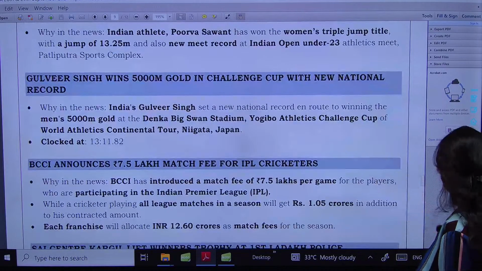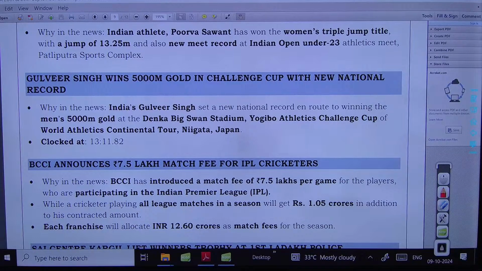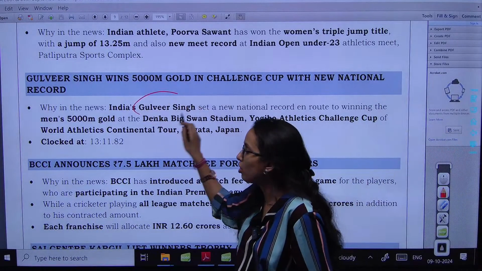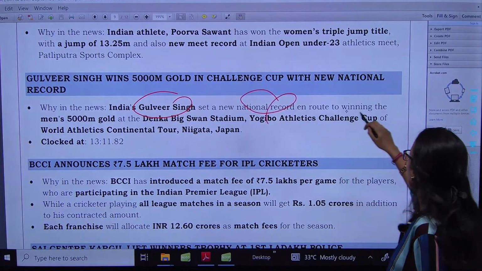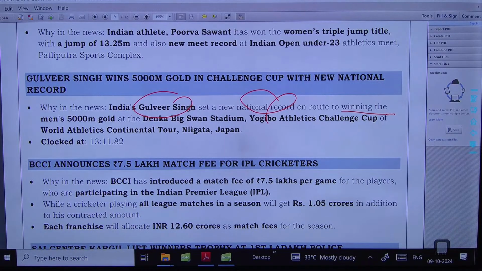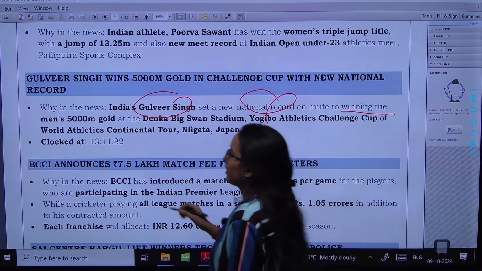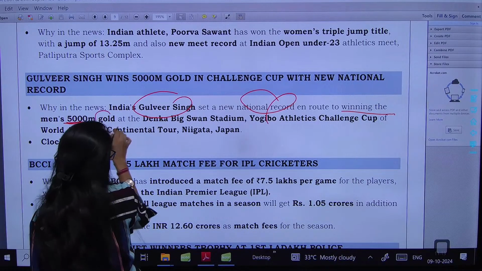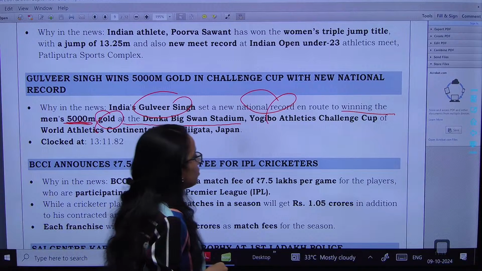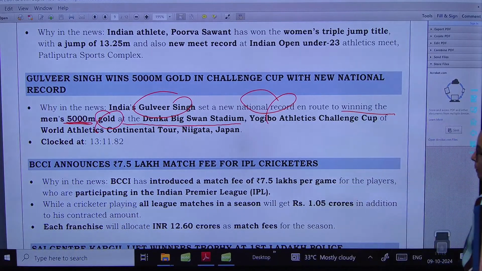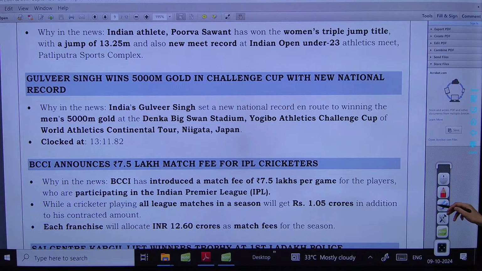Then next you have India's Gulveer Singh. Gulveer Singh has set a new record. So this is again important. He has set a new national record, winning the men's 5,000 meter gold at the Denka Big Swan Stadium Yogibo Athletics Challenge Cup of the World Athletics Continental Tour at Niigata, Japan.